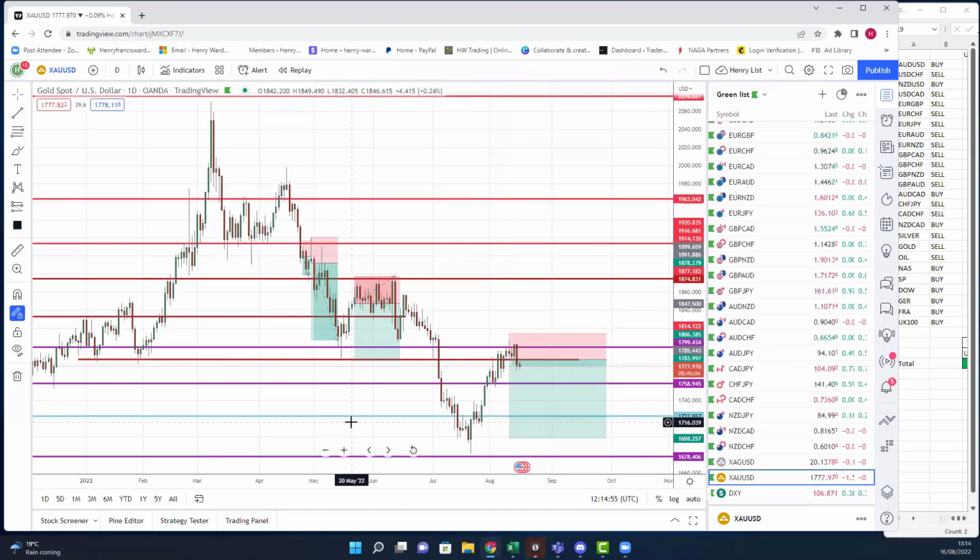Now, the question is do we think that the US dollar is going to continue getting stronger like this? Do we think it's going to continue moving in this favor? Or do we think this is a short-term dollar strength and then we're going to have weakness? They're all questions you need to answer before you take that short.